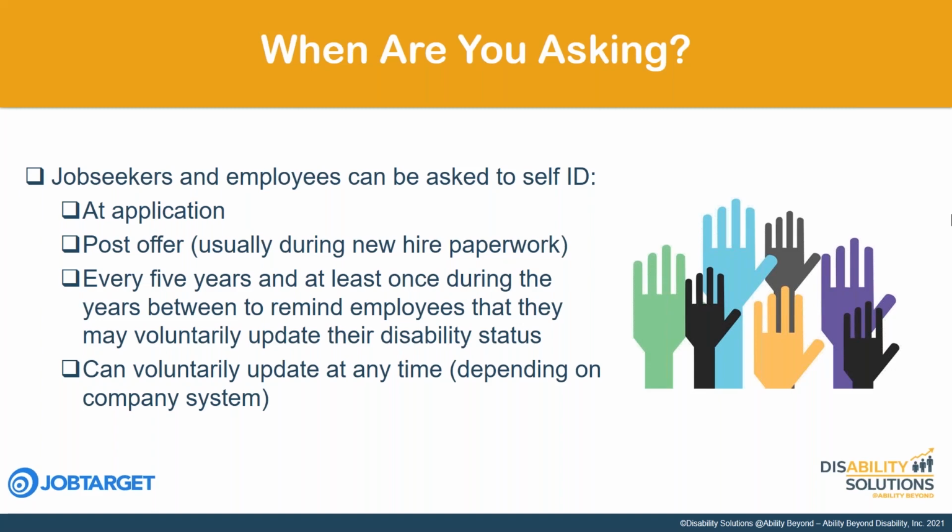Usually this information is found on the company's intranet or a login portal, where employees can log in with their employee ID. They can see maybe their last paycheck stub, their W-2, benefits, things like that. Usually in there is included the opportunity to change their self-identification status.